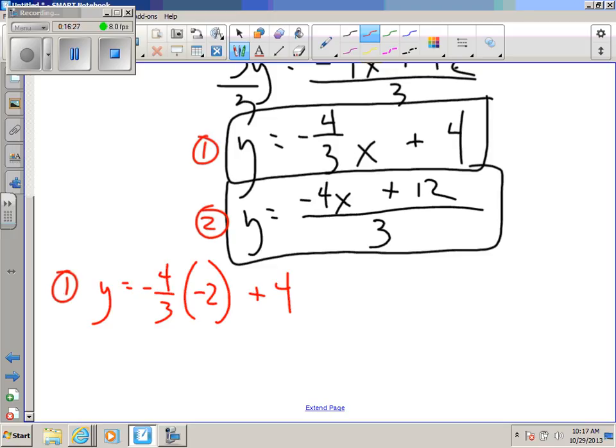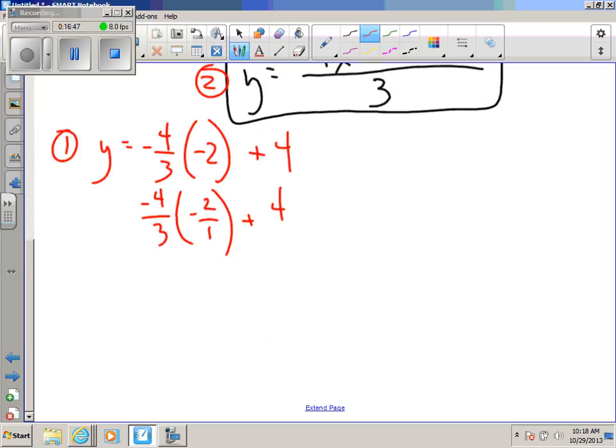Now, I'm multiplying with a fraction, which means everything has to be in what form? So let's say -4/3 times what? What is -2 in fraction form? Okay. Negative times negative is going to give me a positive anyway, right? Nothing in common diagonally, so I'm going to have a positive 8/3 plus a 4. Oh my goodness, now what? Well, it's really not as bad as it looks. Why?